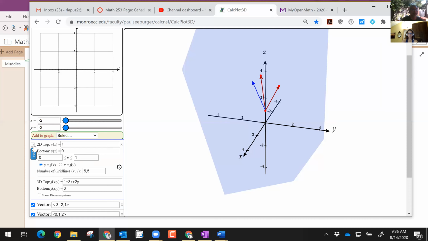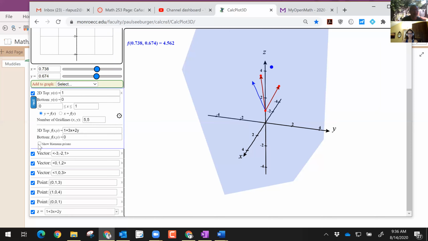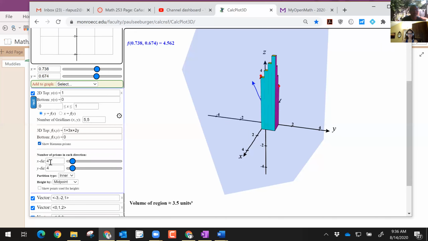Okay, so for some reason it's not drawing it for us. Why? Maybe if you show the Riemann partitions.